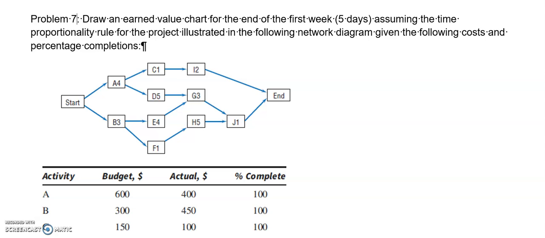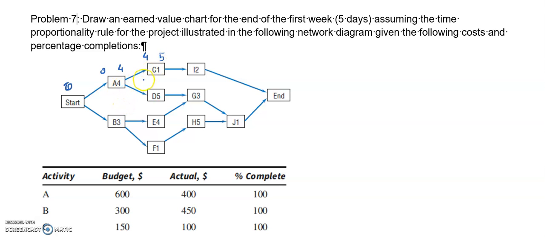We need the early start and finish times so that we can proportionately assign the costs. So for example, for the start it should be 0, and for activity A it should be 0, then 4. Then for this activity it will be 4, and then 5.